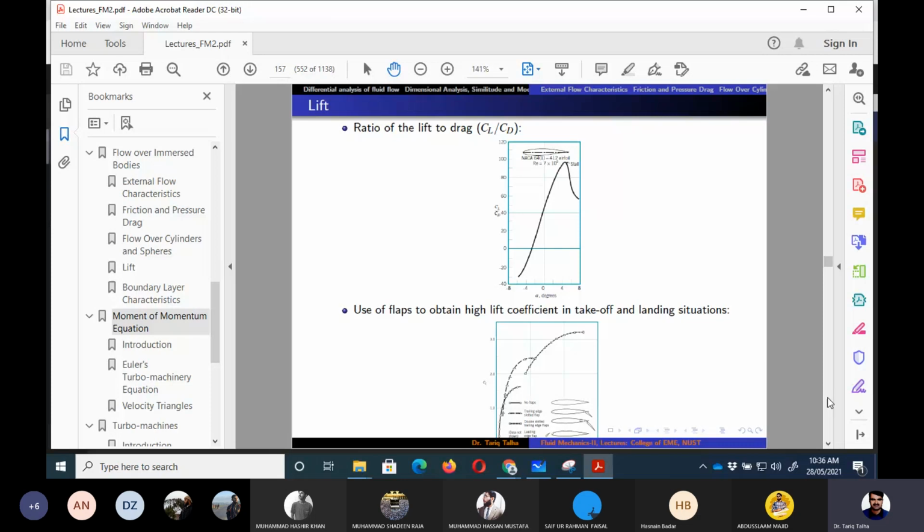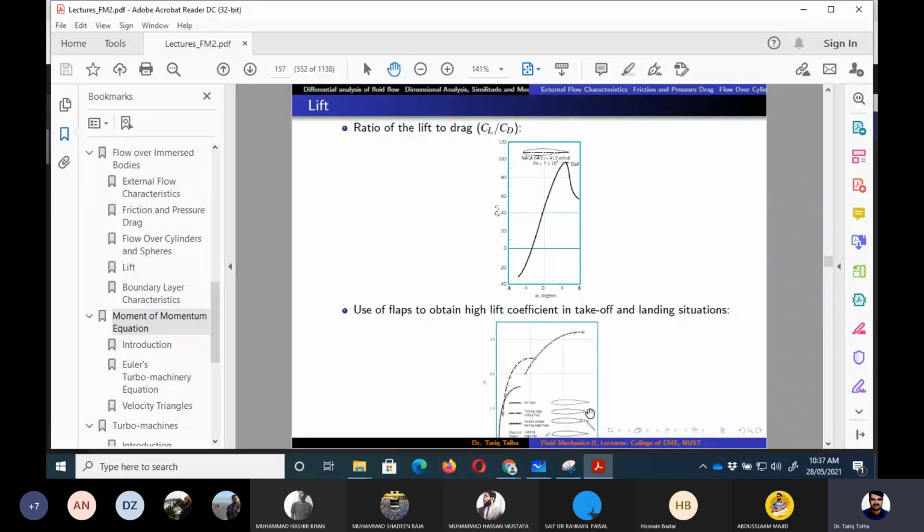So we use wing flaps on the trailing edge just to increase the lift if the aeroplane is going to take off. And you can see this small triangular element at the trailing edge, so it is angled downward. So that's why it would have increased the lift. And the second consequence would be the increase in drag as well, but the increase in drag is a little bit more.